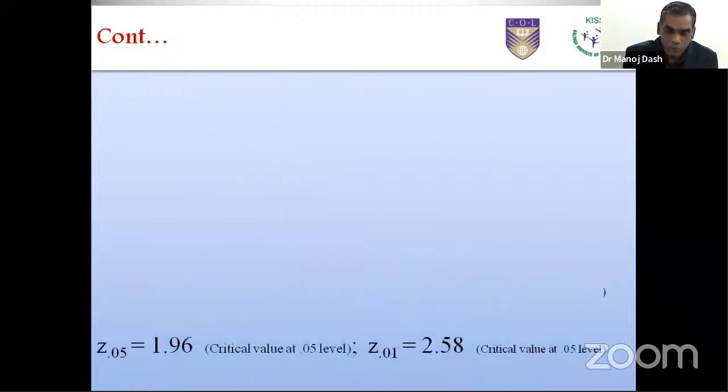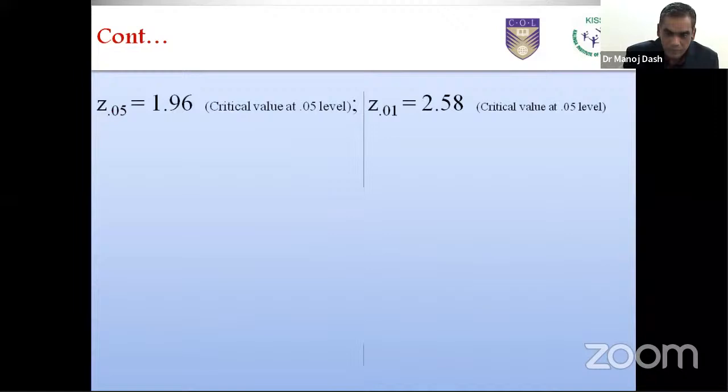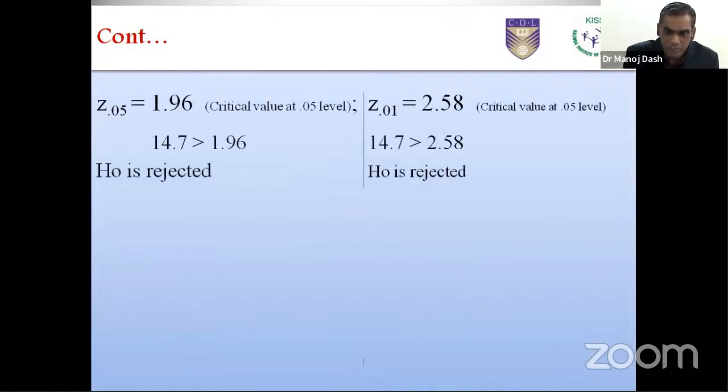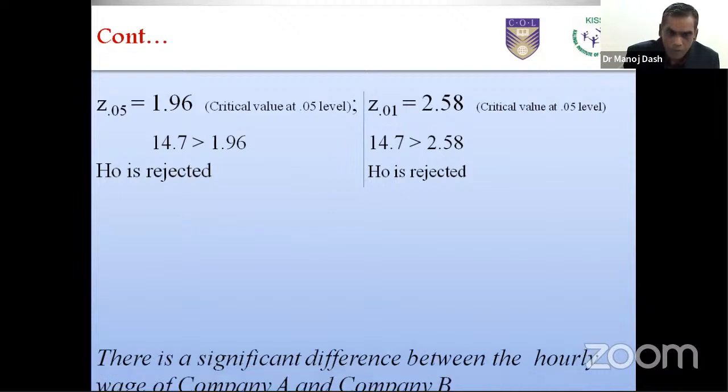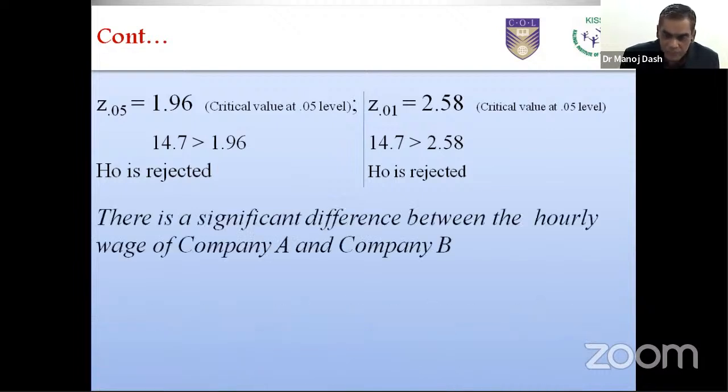Now, coming to the next one. Already we have discussed this point. I hope it is clear to you up to this. Now, there is a significant difference between the hourly wage of company A and company B, because the null hypothesis is rejected.